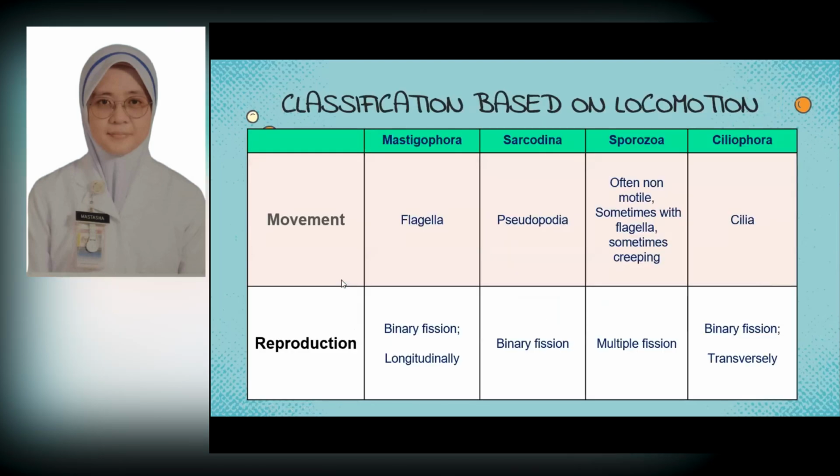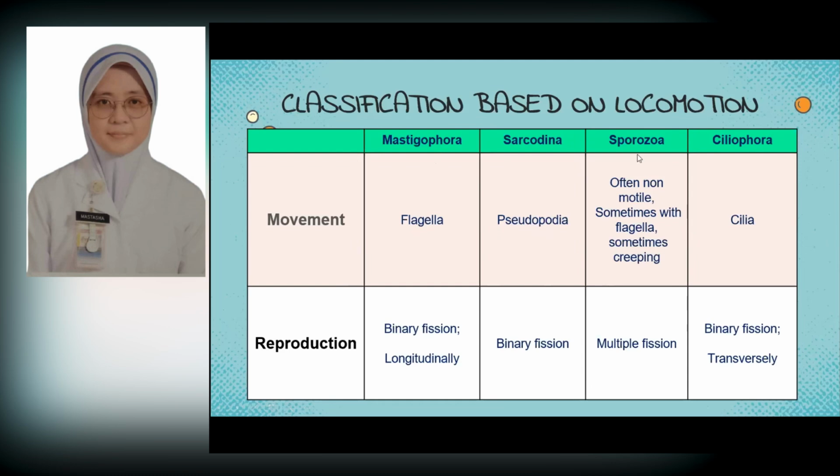Next slide. This is the classification based on protozoa locomotion. The first one is Mastigophora. For movement, it moves with flagella, and for reproduction, it is binary fission longitudinally. For Sarcodina, the movement is pseudopodia and the reproduction is binary fission.